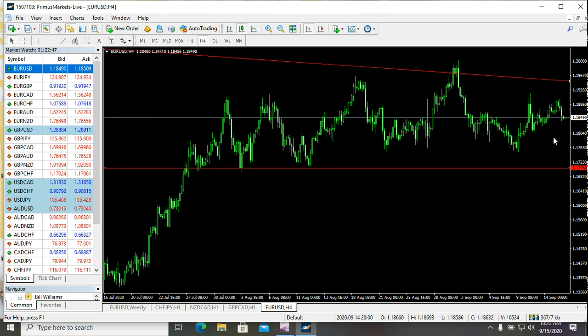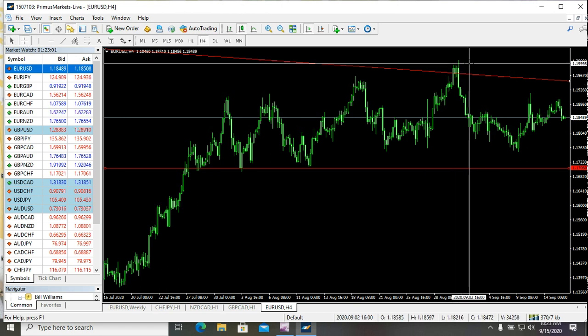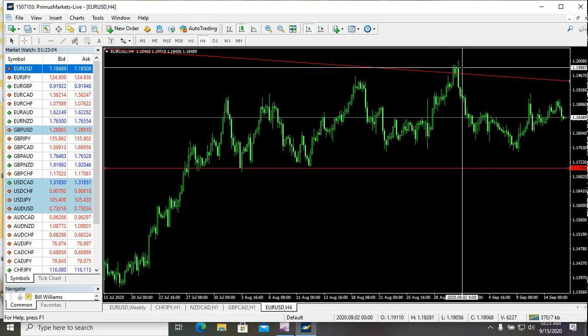Whether this will come down and break this line and then we can resume our sell trend, or it will come, touch it, go back up and break this trend line up here, and once this level is broken up, then you can continue the buy upwards. But for now, we will have to remain in the game and keep watching.